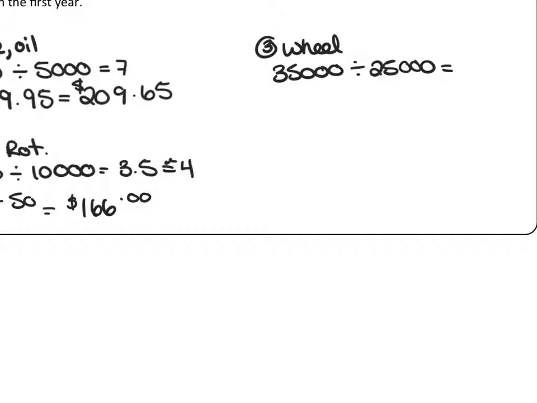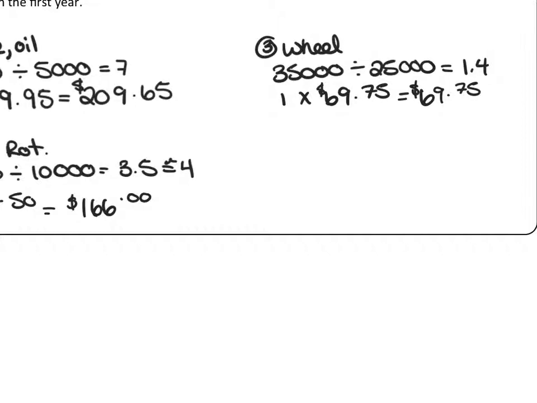In this case, it's going to be close to 1.4. I'm just going to do it once because that seems pretty ideal. So we're going to do it one time. And it costs $69.75, which is just $69.75.